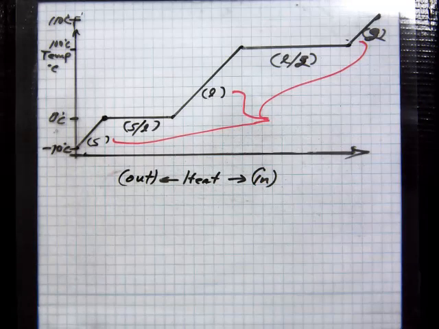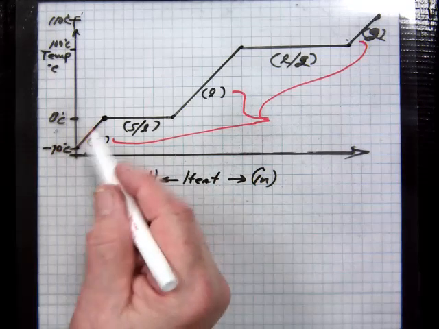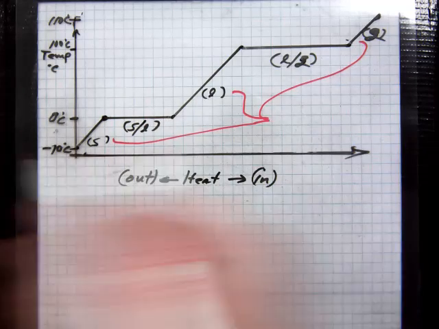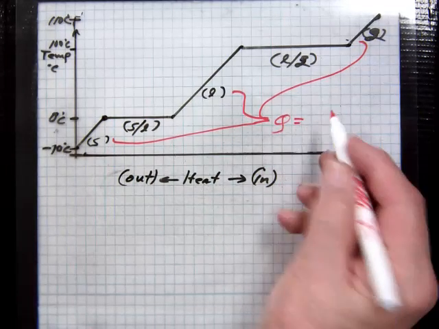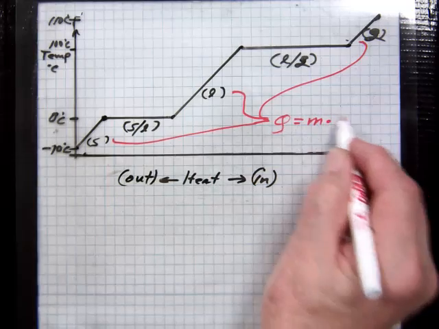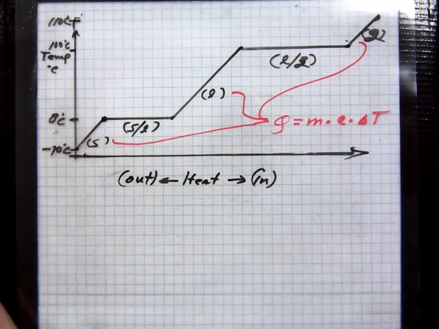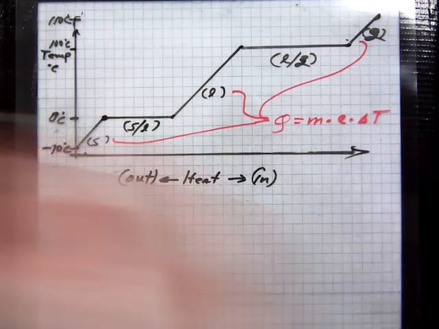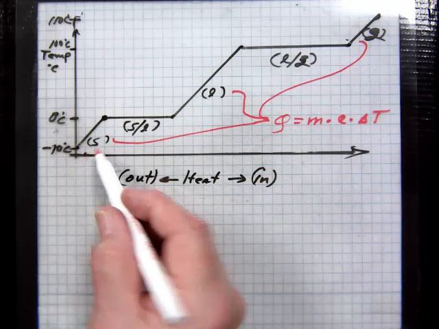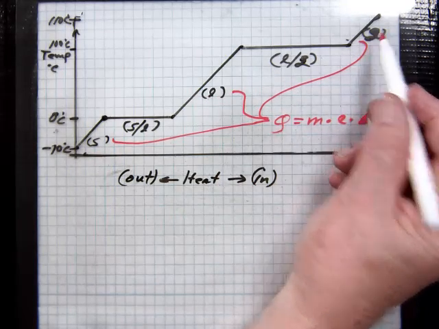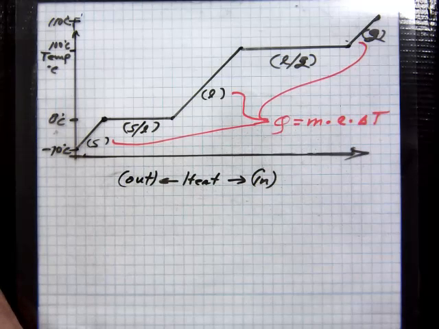If you're making a calculation in solid, liquid, or gas, any heating area, the amount of heat, Q, is mass times specific heat times the change in temperature experienced, MC delta T. So you'll have an MC delta T for warming the solid, an MC delta T for warming the liquid, and an MC delta T for warming the gas to whatever limit you set.